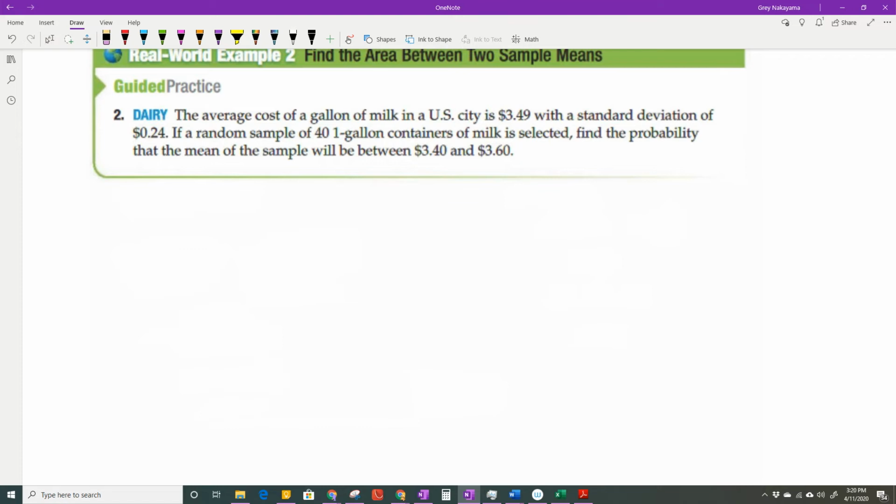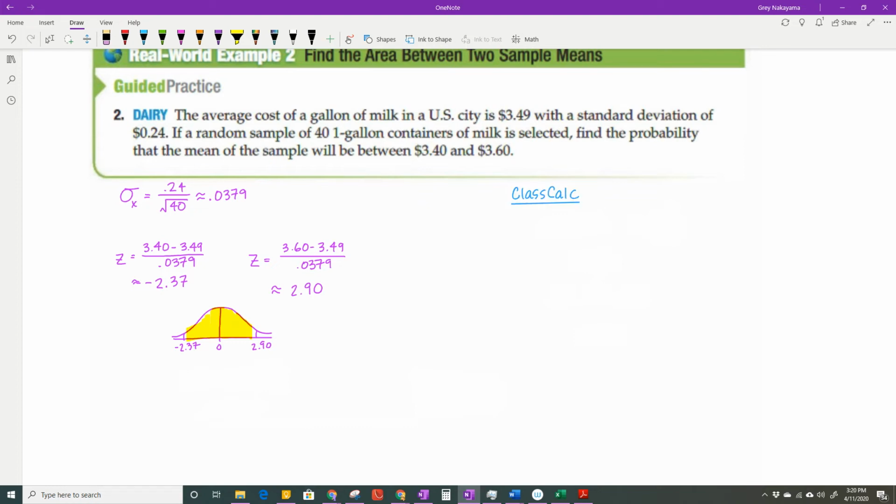So the difference here, again, because we have a sample of 41 gallon containers, I have to change my standard deviation to accommodate the sample. And then because they asked me for the mean between 3.40 and 3.60, you would have to go calculate two different z-scores. And that would be the chart. I'm looking for what's in between those two numbers. So you would put that in your calculator.